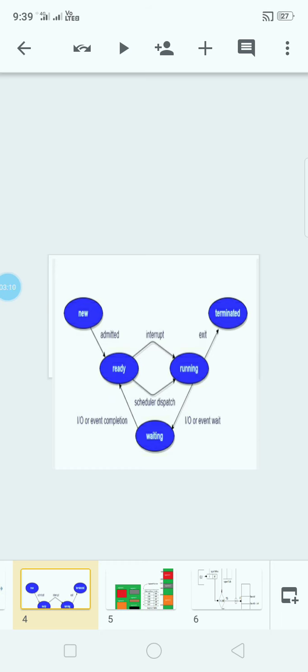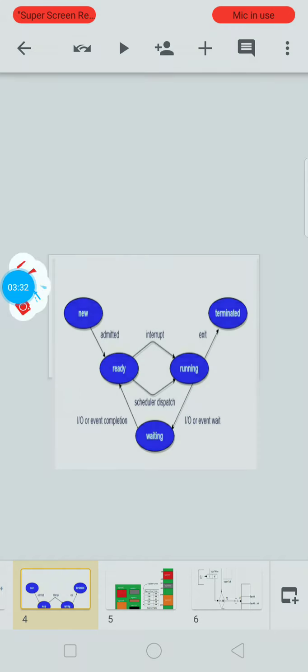Running: instructions are being executed. Waiting: the process is waiting for some event to occur, such as an input-output completion or reception of a signal. Terminated: the process has finished execution.